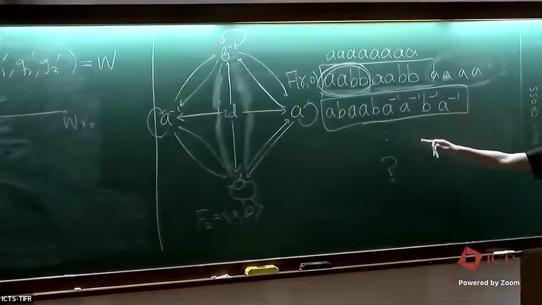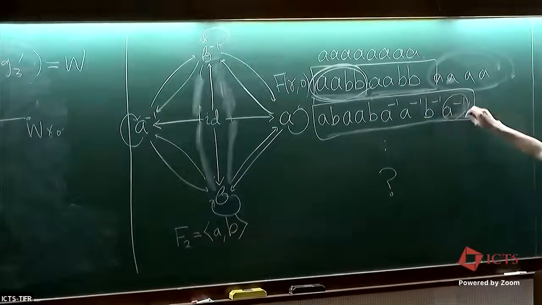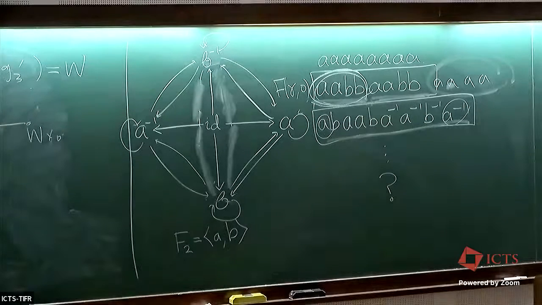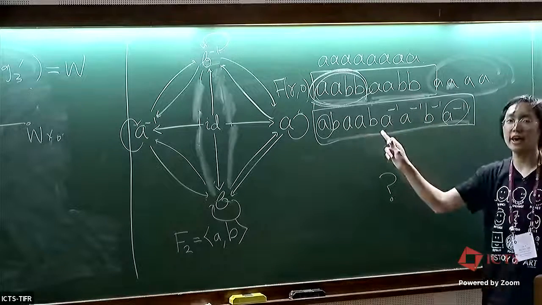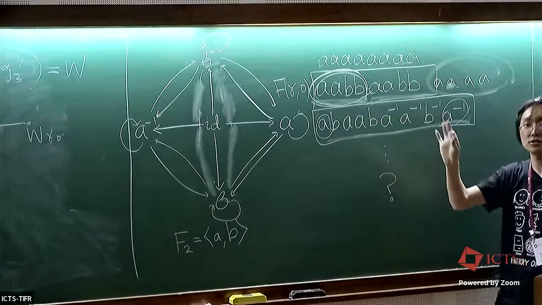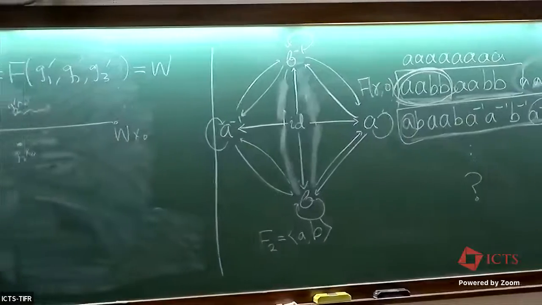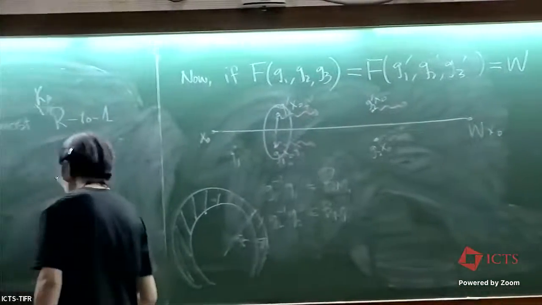But what's the problem? If you see this word, the beginning and the ending subwords are canceling out each other. So the conjugate class will not actually carry the combination that you see at the head and the tail, because that's erased if you take the conjugate class. So I want to secure all information made by G. So I would want no cancellation.